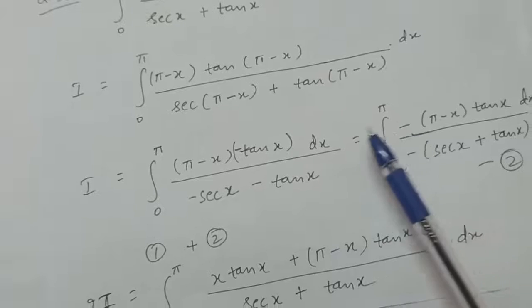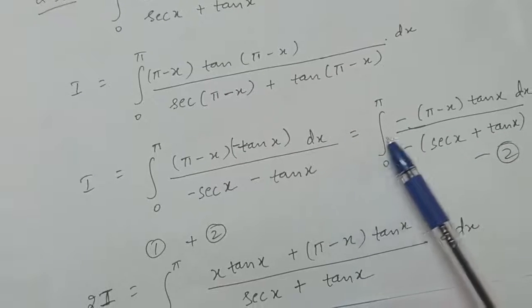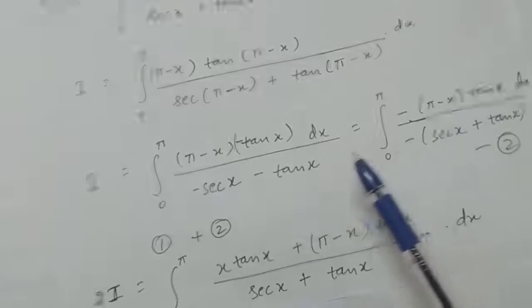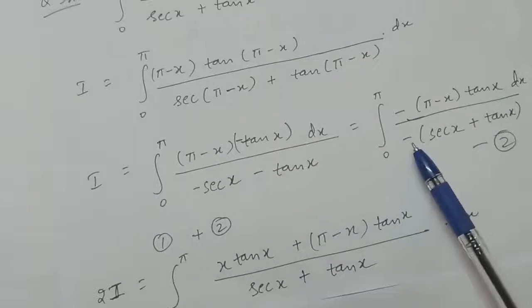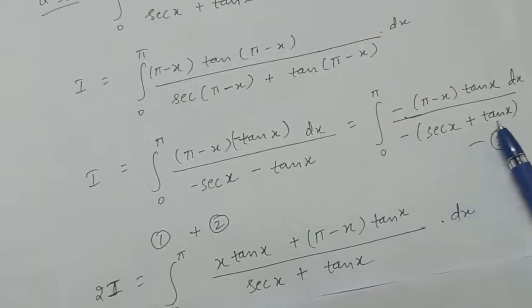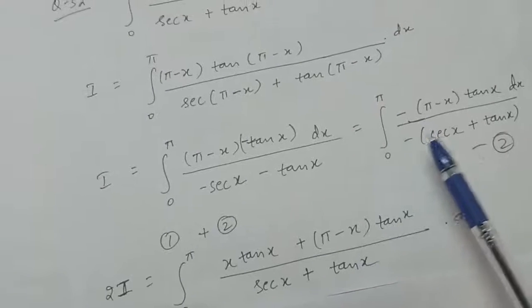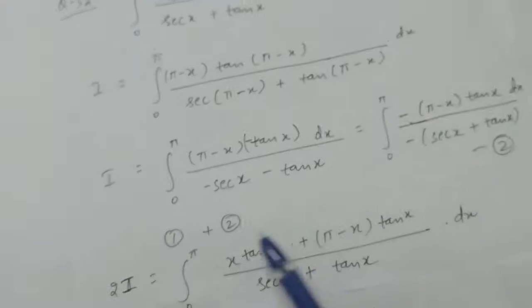So take out minus common from the numerator and denominator. So this will be minus (pi minus x) into tan x, and take out minus common from the denominator, so secant x plus tan x. Cancel out this minus, right? Now let this be 2. Add 1 and 2.